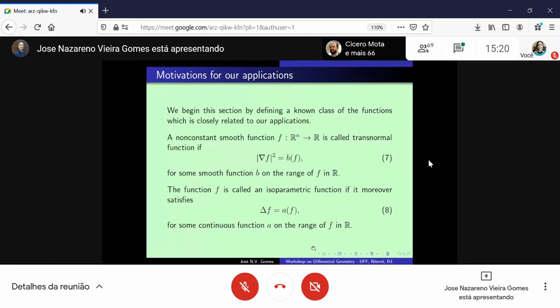And f is called an isoparametric function if it satisfies this equation. Okay.